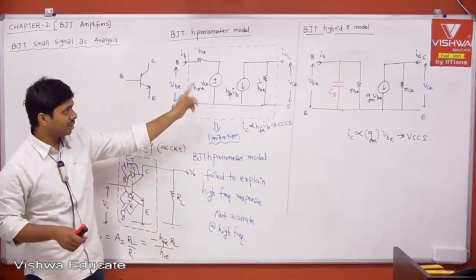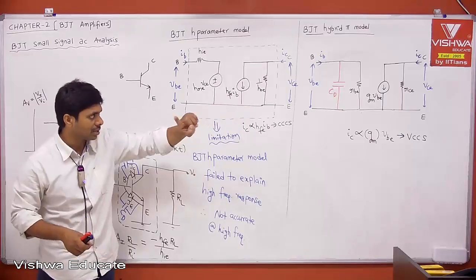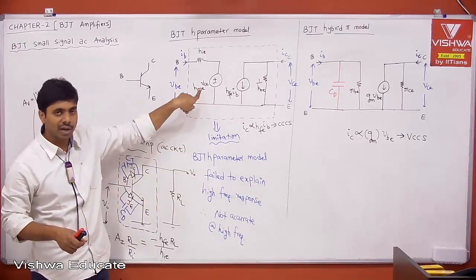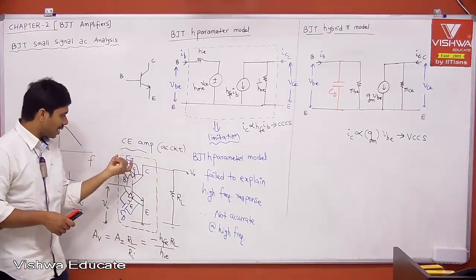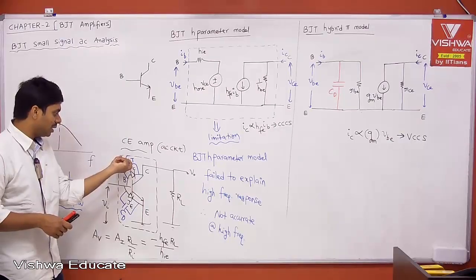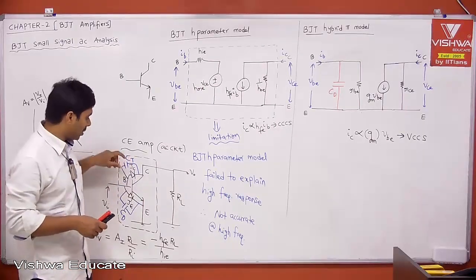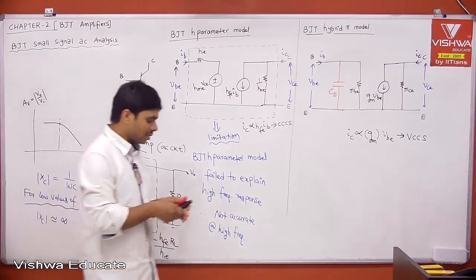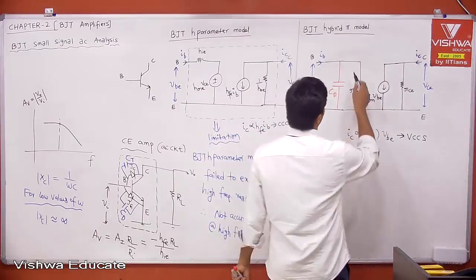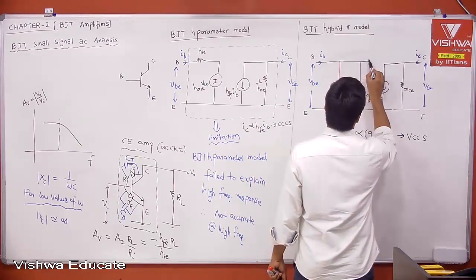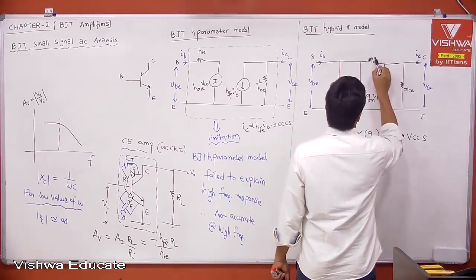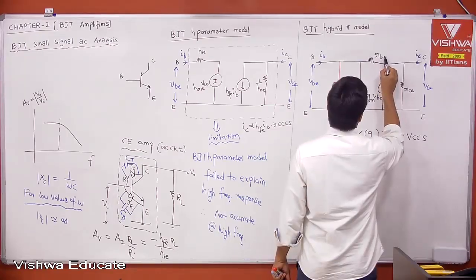Now, 1 by HOE is already added, which is RCE. To account for the HRE VCE effect, and to account for the transition capacitance CT between base and collector, because this is under reverse bias, that resistance is represented as RBC.